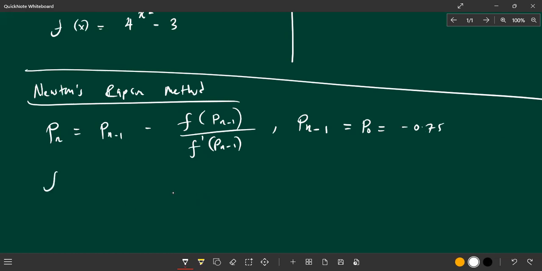We're given the function f of x equal to 4 to the power x squared minus 3.